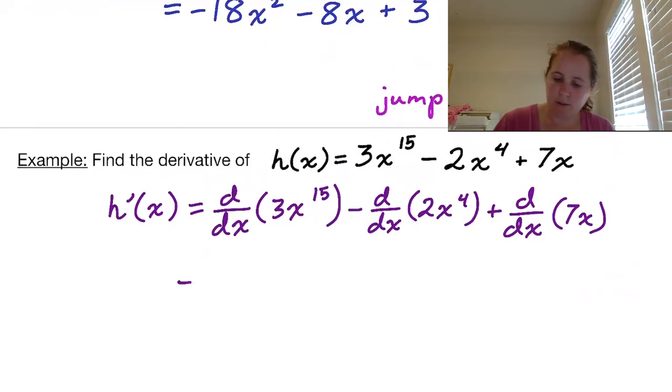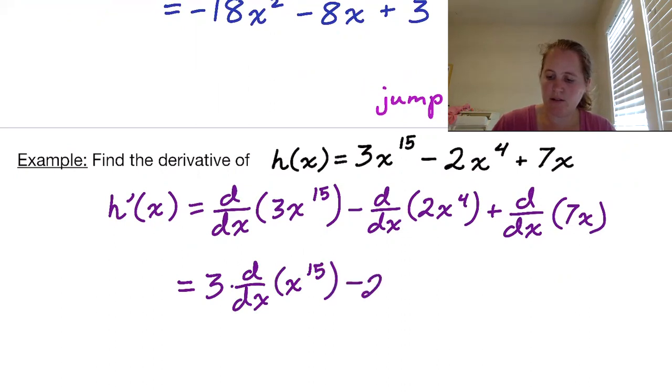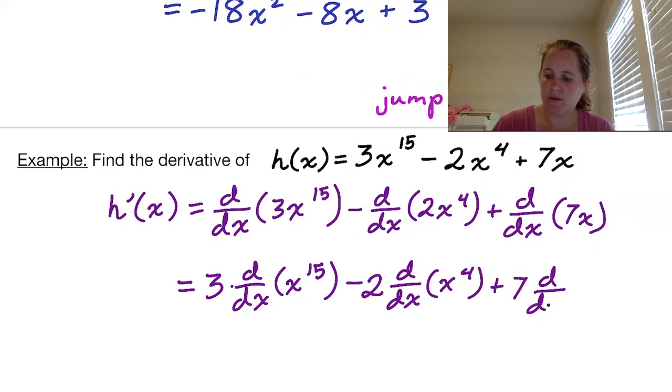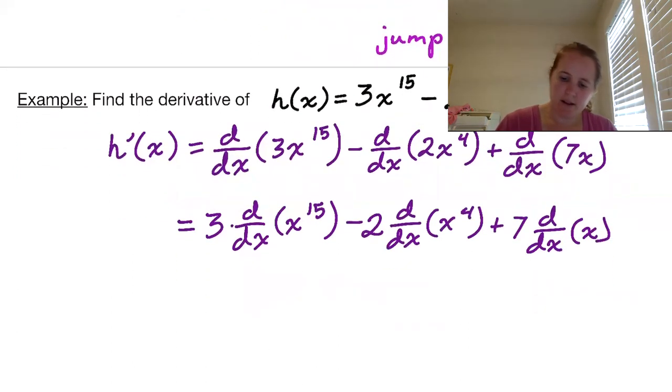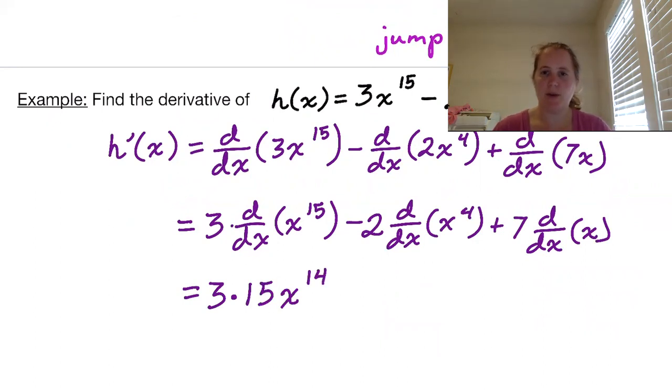Now we can go ahead and pull out those scalars. This is 3 times the derivative of x to the 15th minus 2 times the derivative of x to the 4th plus 7 times the derivative of x. Again, this becomes 3 times, pull the power out front, 15x to the 14th, if we drop by 1.